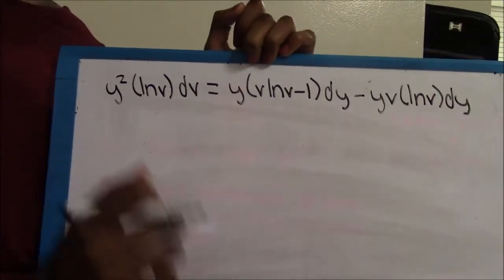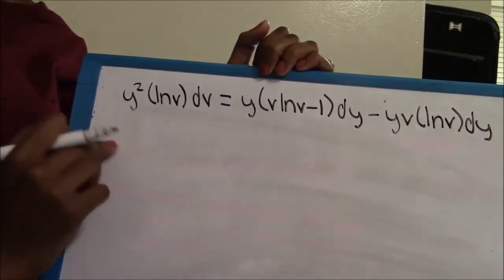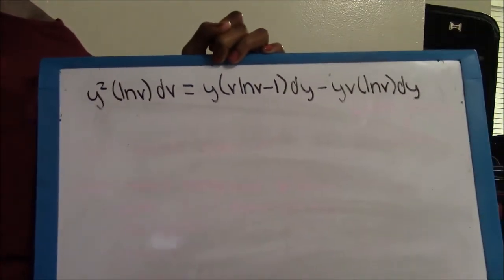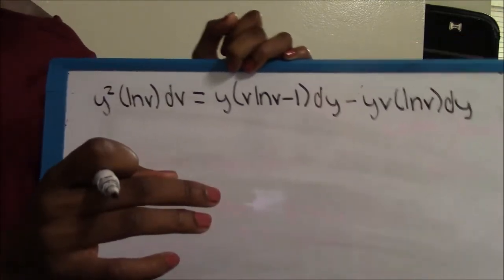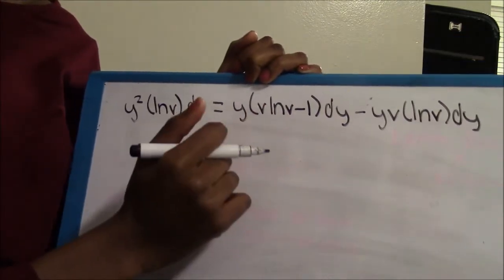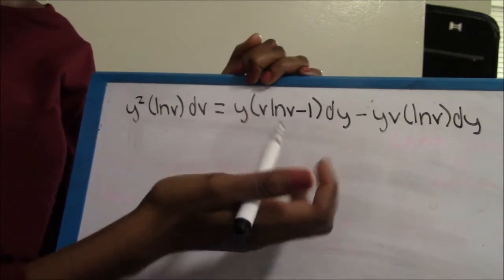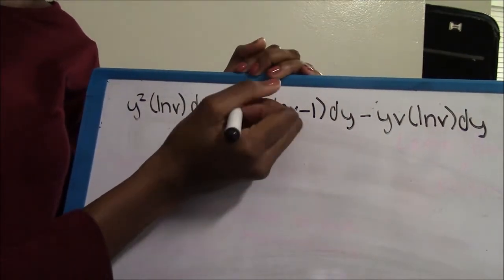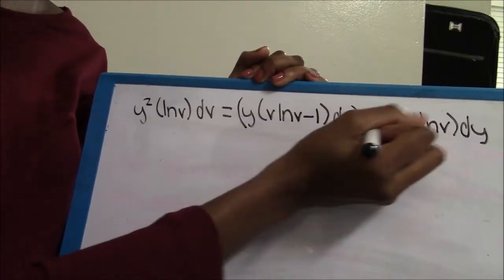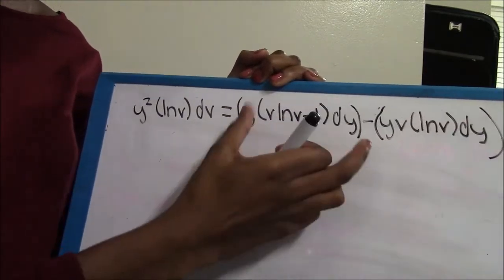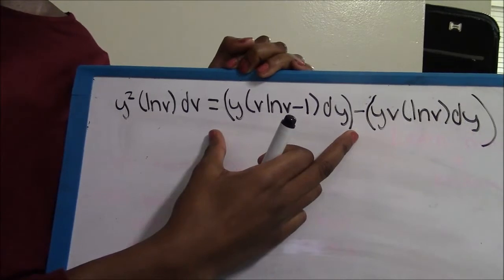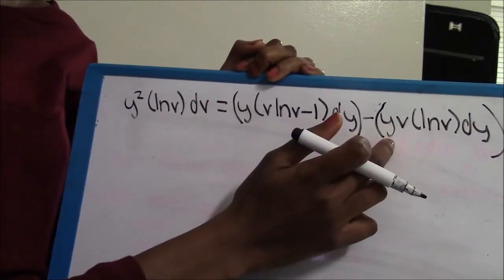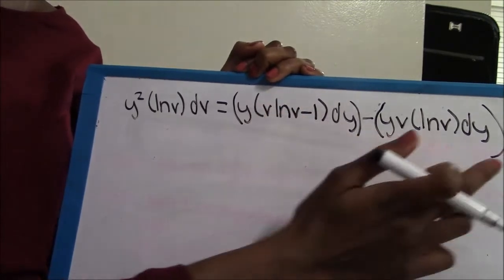Okay, now that we have this, we are going to want to do something on this side, because this side is the side where we need to just get 1 dy. So basically, let's see what we can factor out. We're treating these like they're two separate terms. So we have this and we have this. What can we pull out from this and this? Well, we see that they both have a y and they both have a dy.